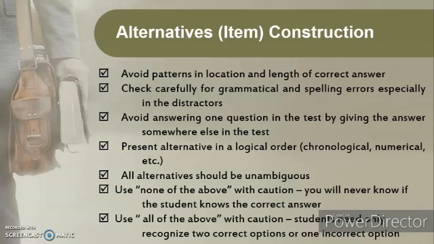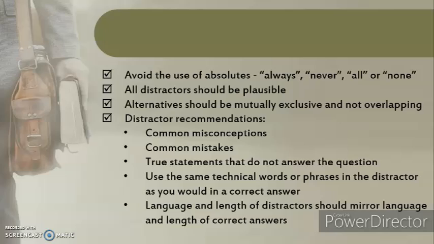And next, use none of the above with caution, meaning you will never know if the students know the correct answer. And also use all of the above with caution, meaning here the students need only recognize 2 correct options or 1 incorrect option.